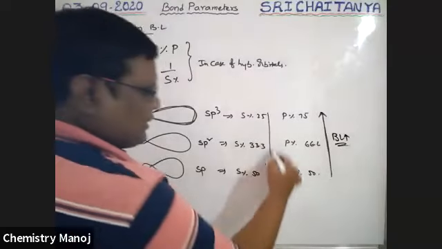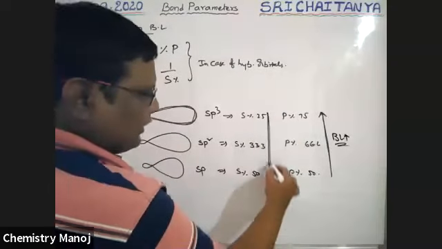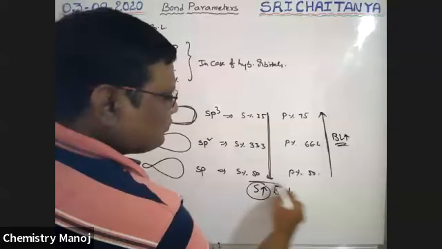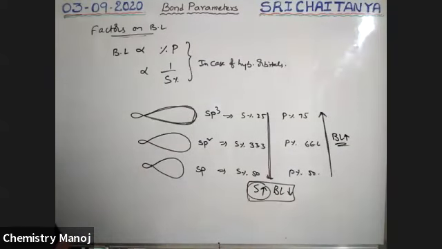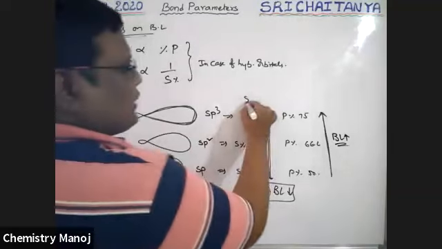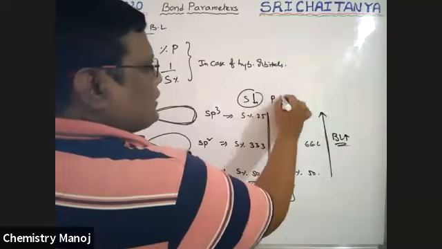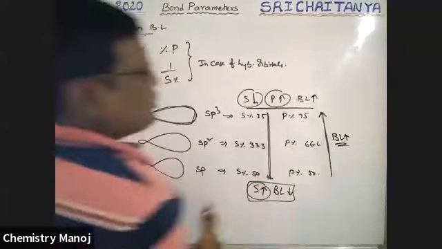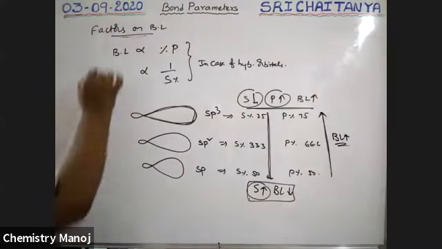As s percentage increases, bond length decreases. That means s percentage decreases, p percentage increases, bond length increases. This is the condition.